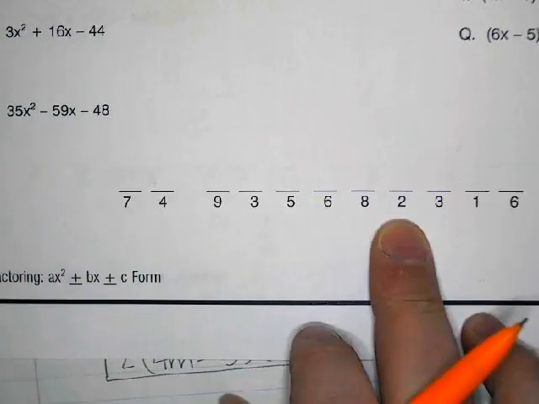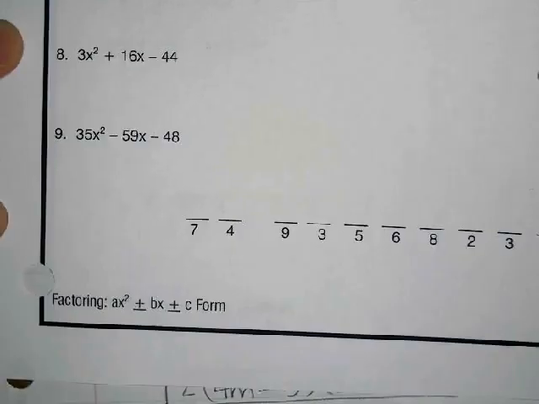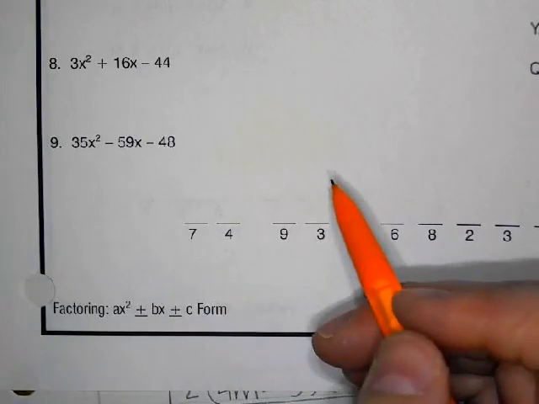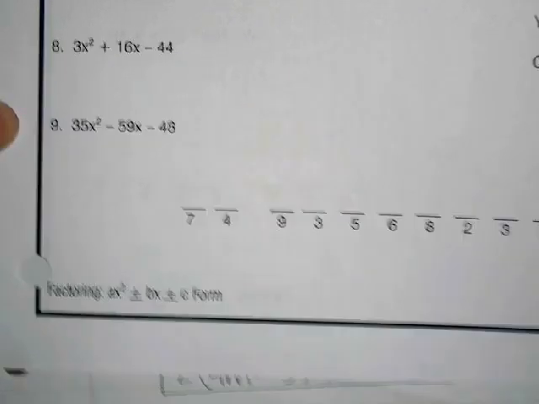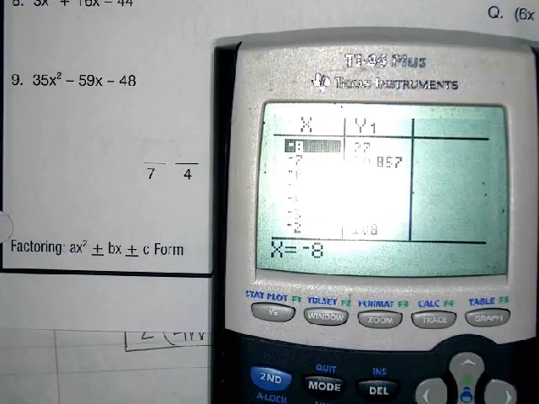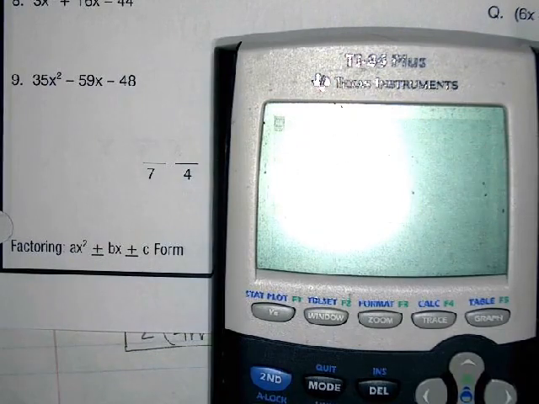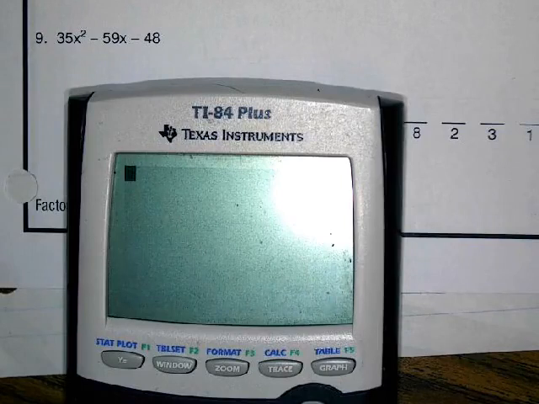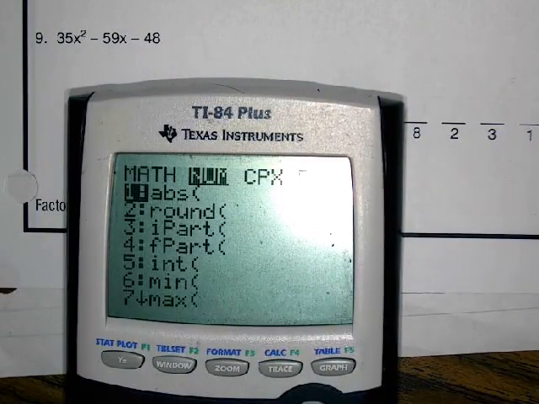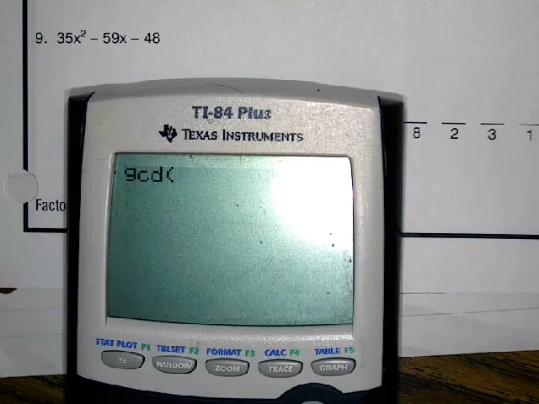Okay, so if we look at number 9, I'm going to see if those numbers have anything in common, like if there's a GCF, but I don't think there is, because I don't think this worksheet has any GCFs on it. 35 and 591. Okay, so no GCF.